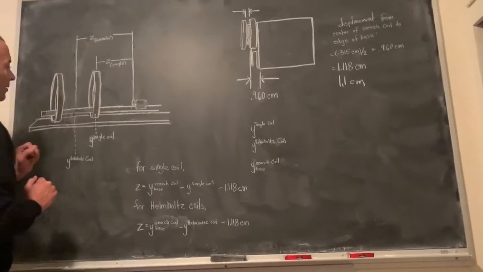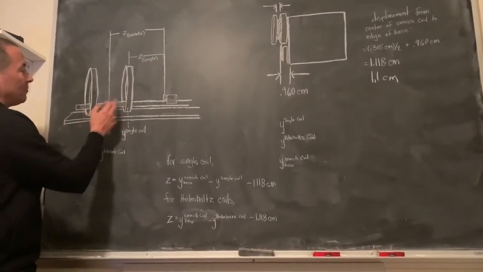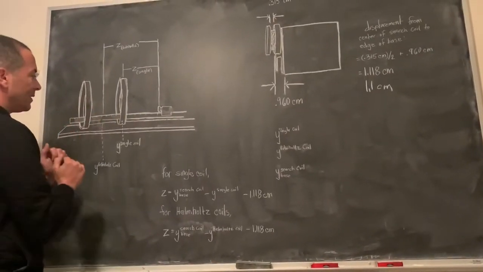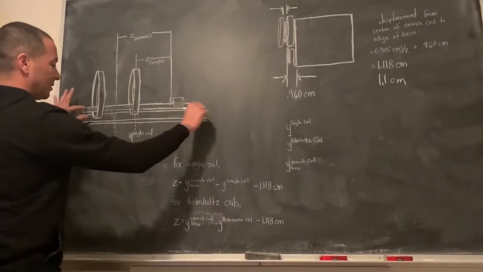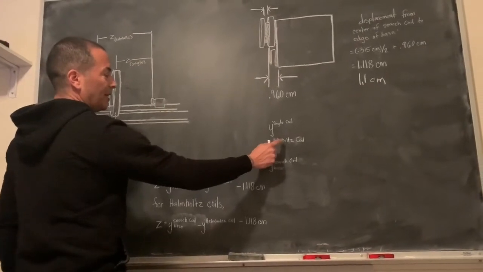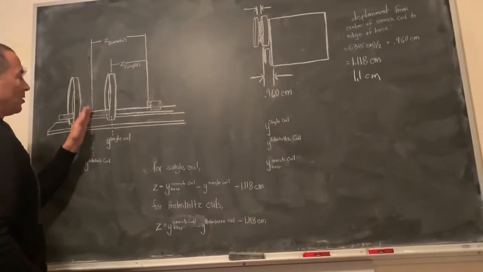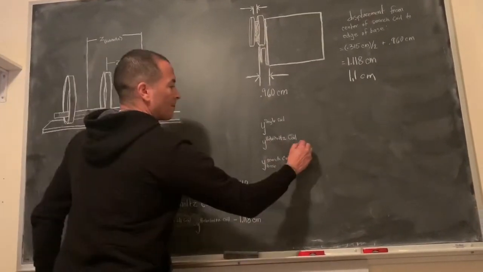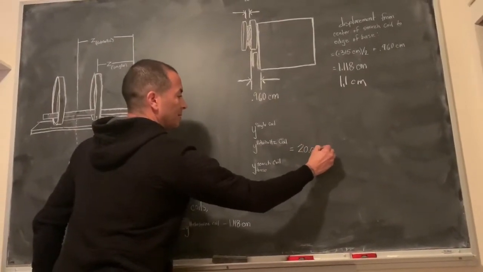My single coil, well, let's talk about this position first. The center of these two coils is positioned at 20.0 centimeters, and I did that by adjusting this ruler. So the Y value of the Helmholtz coil position, the origin for the Helmholtz coils, is 20.0 centimeters.